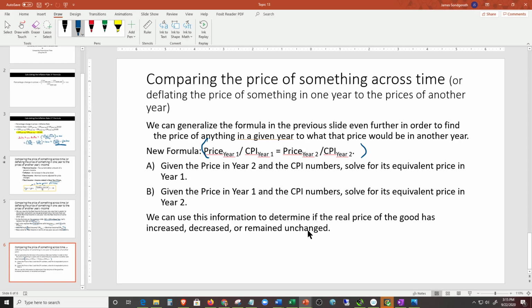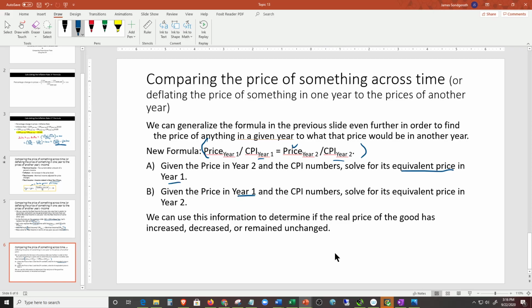Price in year two equals the CPI in year 2. I know this seems confusing, but given the price in year 2 and the CPI numbers, both of which you know, you can solve for the equivalent price in year 1, and vice versa.